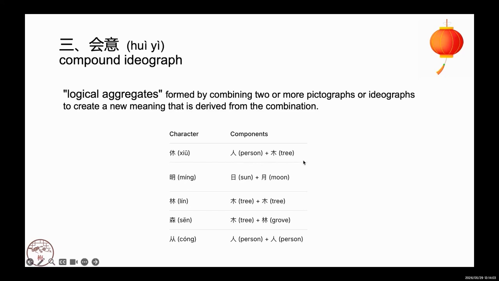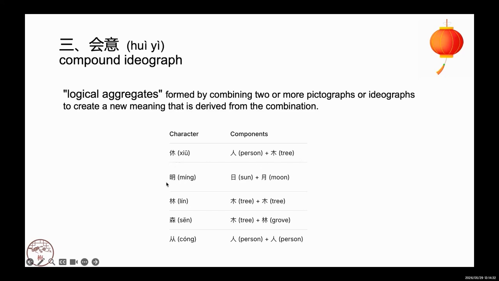So what does it mean when a person is near a tree? If a person is standing near a tree, what does it mean? I would guess he or she is resting against the tree trunk. Yes, that's exactly the meaning of this compound ideograph. It means to take a rest.